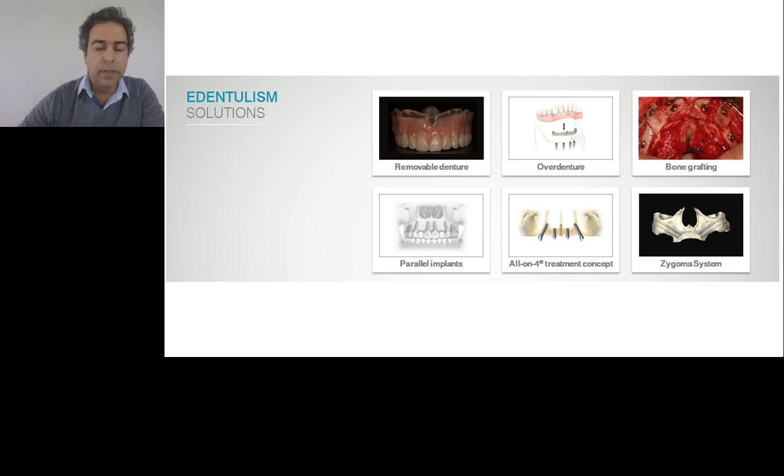There's no doubt that parallel implants are the gold standard. But the reality is that most of the time, especially in the maxilla, we don't have the bone volume and density to place 6 straight implants. That's how the all-on-4 came up as a solution to skip these problems when we have less bone available.